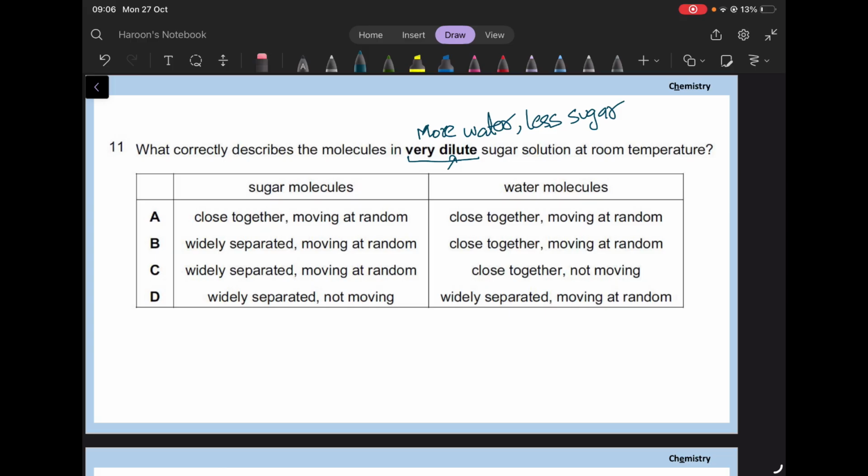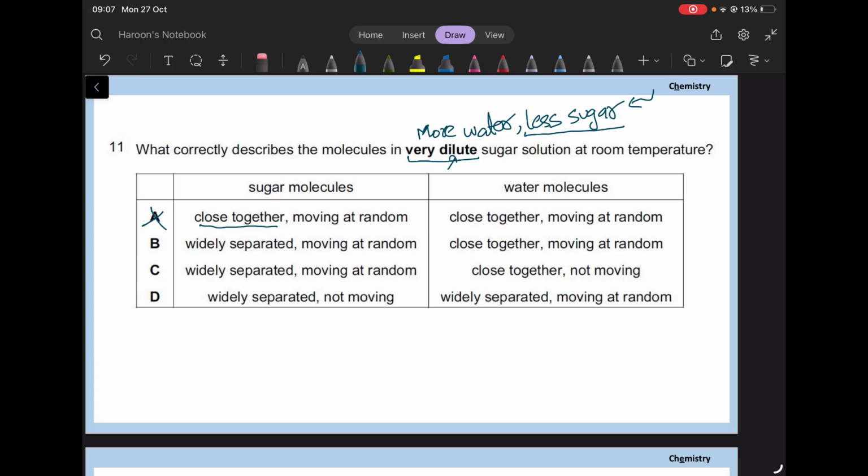Very dilute basically means more water, less sugar. Concentrated would mean the opposite, like less water, more sugar. So we have less sugar molecules, so we have few and far sugar molecules in between, so they should be spread widely apart, and of course they would be moving at random due to kinetic particle theory. So they should not be close together. They would have been close together if it was concentrated. So A is out, and let's have a look at the next options.